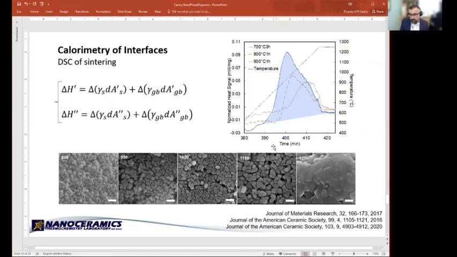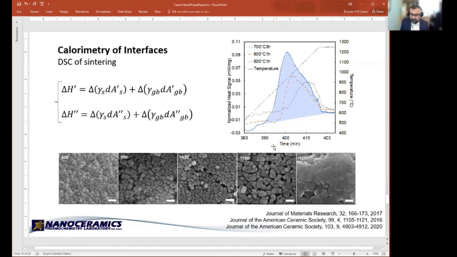The other technique is water adsorption surface energy measurement. This is a more complex and elaborate thermodynamic cycle, but you can also measure the surface energy of a nanocrystal.